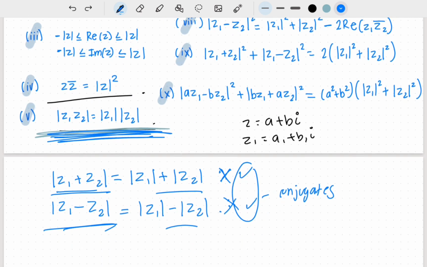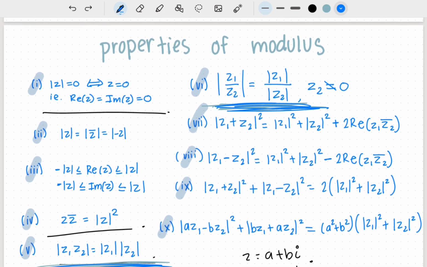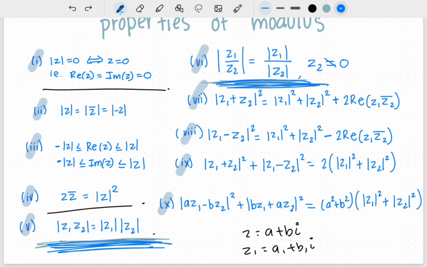So they have all the properties: addition, subtraction, multiplication, and division. But for modulus, what we're doing here, it only has multiplication and division. I just wanted to point that out because it is a really crucial factor of the properties of modulus, and people can get confused if we're talking about modulus or conjugates, and they may apply the wrong formula or property. So I just wanted to get that out of the way.